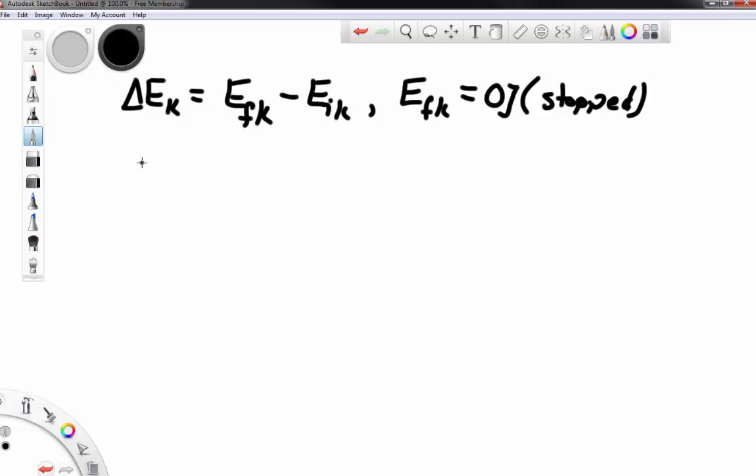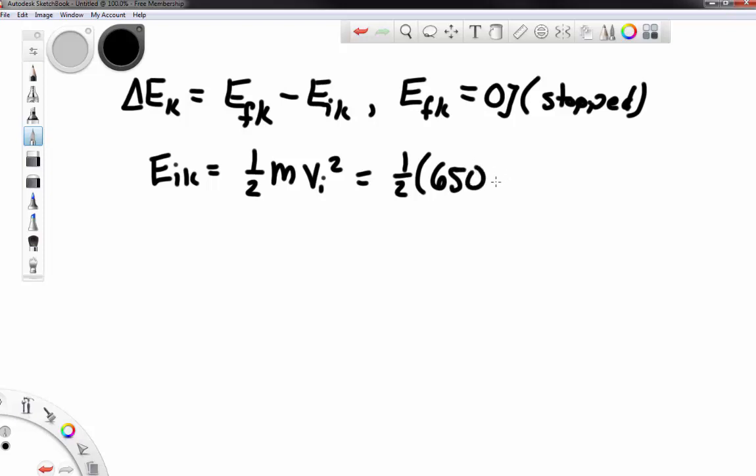So we just need to find what the initial kinetic energy is. The initial kinetic energy is going to be 1/2 times the mass of the car times the initial speed squared. So that's 1/2 times 650 kilograms times 10 meters per second squared.